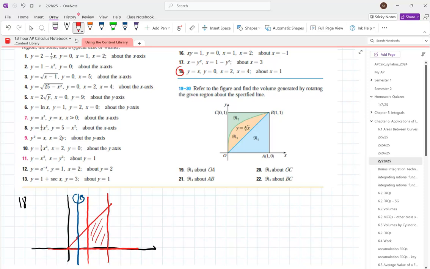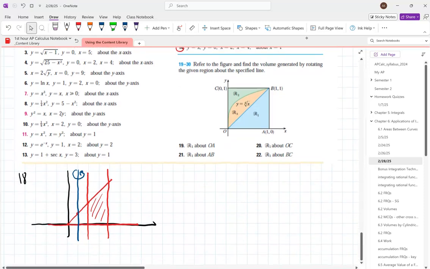So far, so good, Nate? It says about x equals 1. So it's the area enclosed by those curves. And then we're rotating about x equals 1. So just from the direction there, right? You see it? Okay.